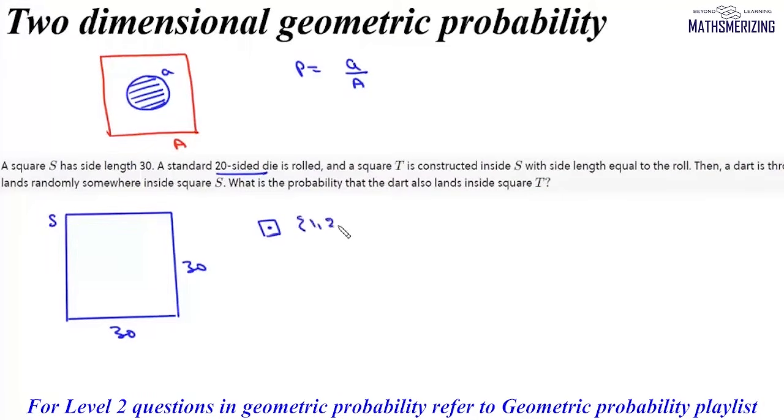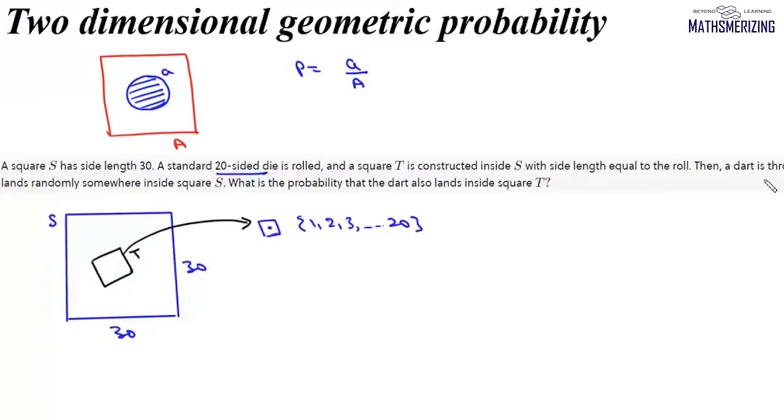So outcomes will be 1, 2, 3 up to 20. A square T is constructed inside S with side length equal to the roll. So within this square, we have another square T whose side length corresponds to the number on this die.